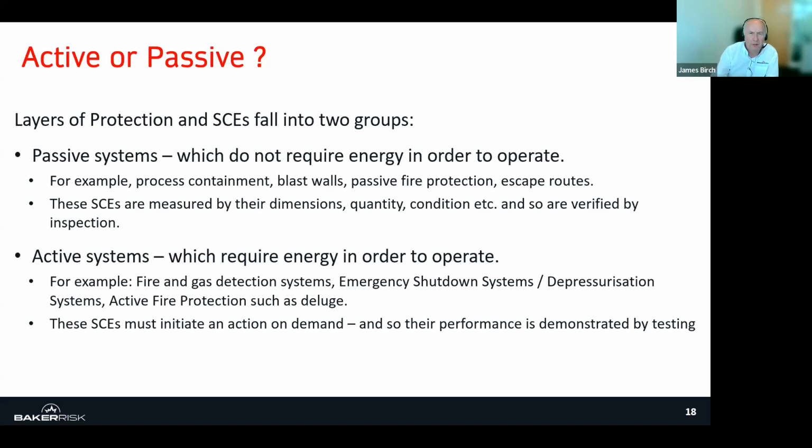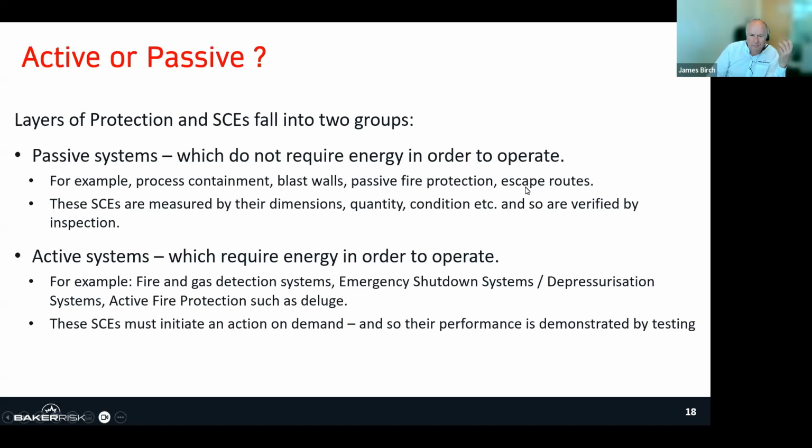Either the emergency button is hit or a trip is activated and the action is provided. So of course, these are the ones where we focus on testing them by actually demonstrating what happens. So let's just keep in mind we have these two. We have active and we have passive. Different approaches, different benefits, but the two together make it stronger.